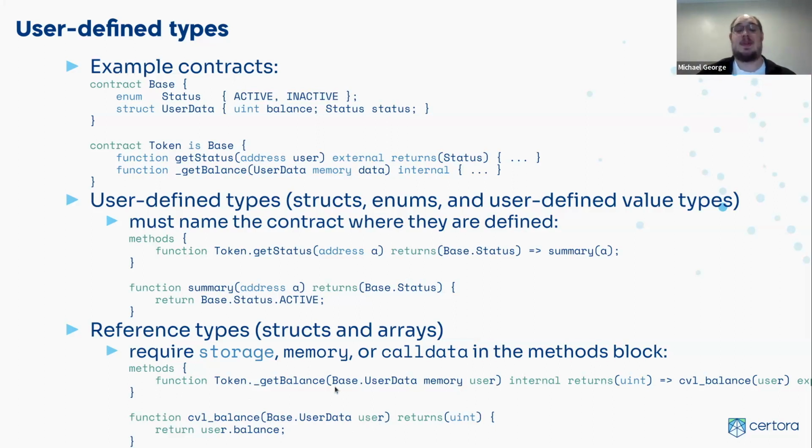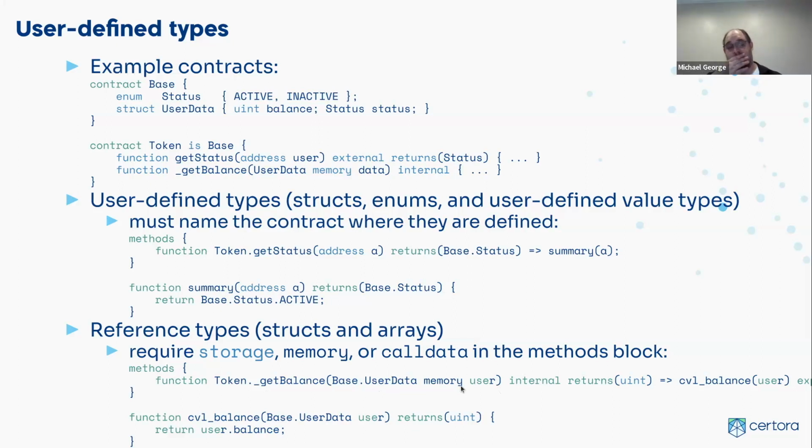Whereas in EVM, there are reference types, and when you do this summarization, we're interpreting this reference type as this CVL struct type here. So that's maybe a little bit confusing, but the rule of thumb here is in the methods block, when you're referring to a Solidity method, that's where you have to include where that pointer resides.